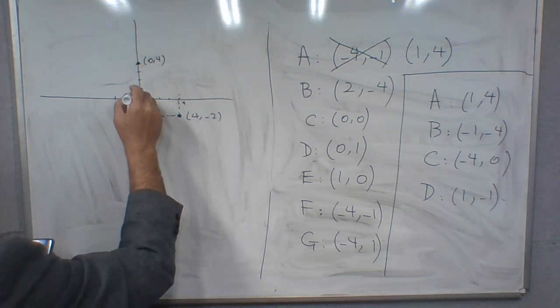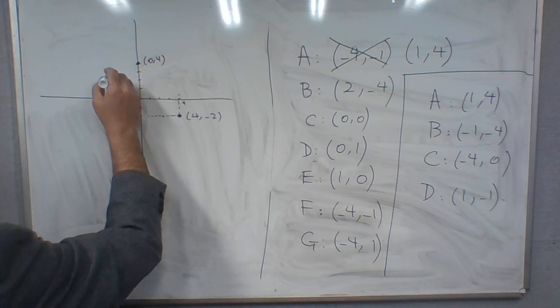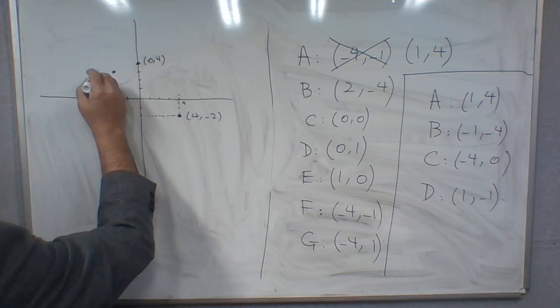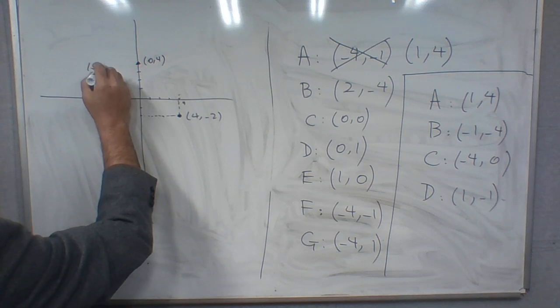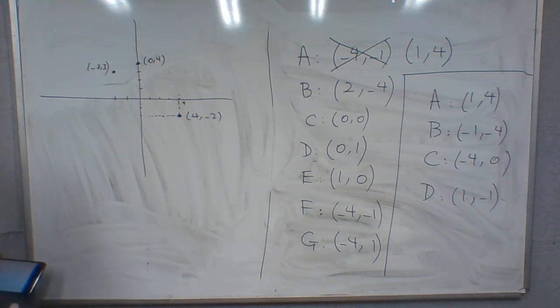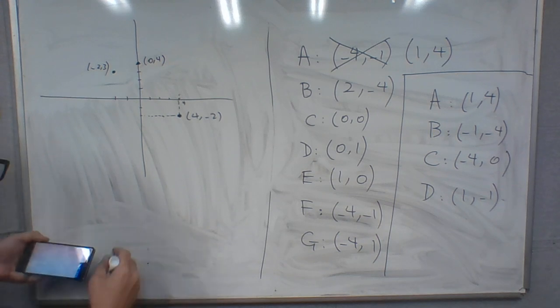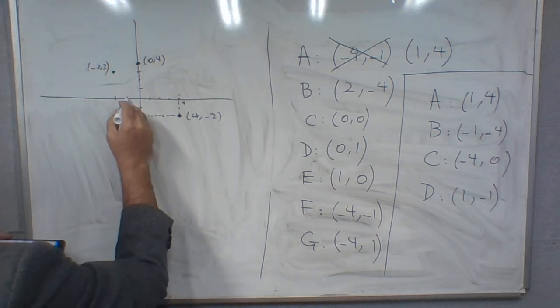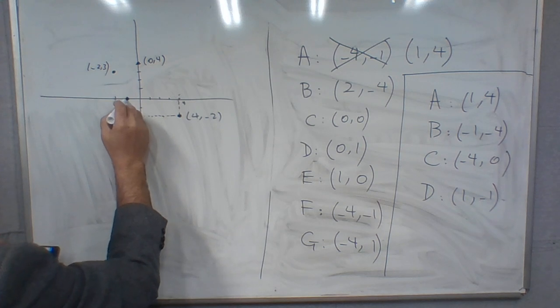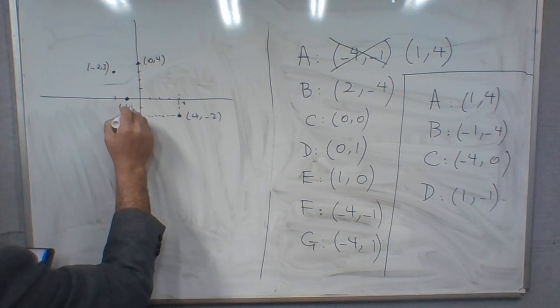So this is negative 2 and 3. And then negative 1 and 0 is the fourth point. Negative 1 and no up or down. So this is negative 1 and 0.